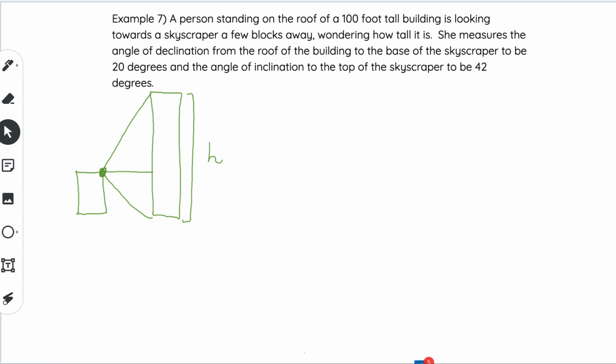Looking down, it has a declination of 20 degrees. But looking up, inclination is 42 degrees. We know that we're standing on a 100-foot building, so if I were to look across at the skyscraper, this side would also have to be 100 feet.